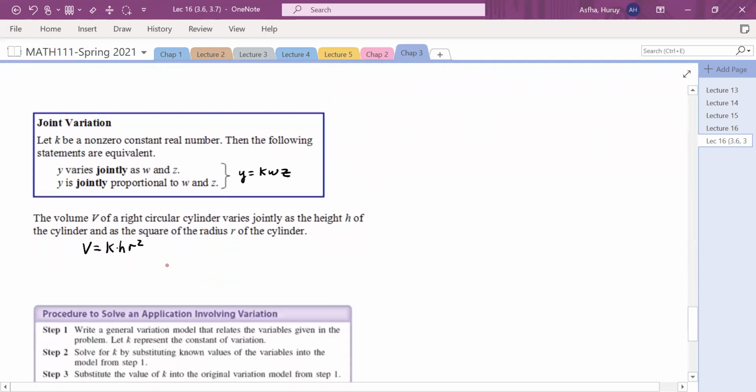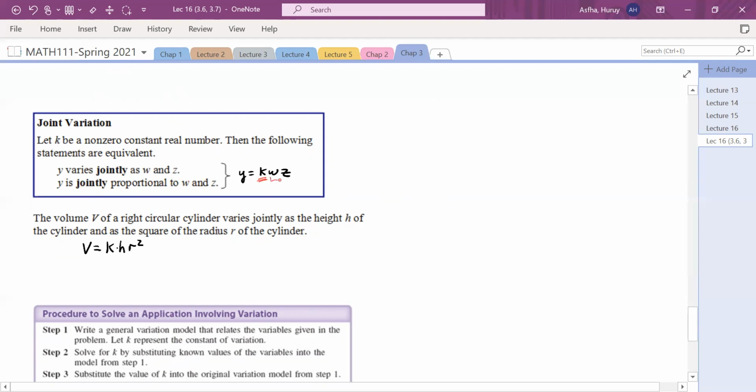And another one is joint variation. So in this case, we have more than two variables. So if we say y varies directly as w and z, or if we say y is jointly proportional to w and z, then that means y equals k, the same constant of variation, k times w times z.